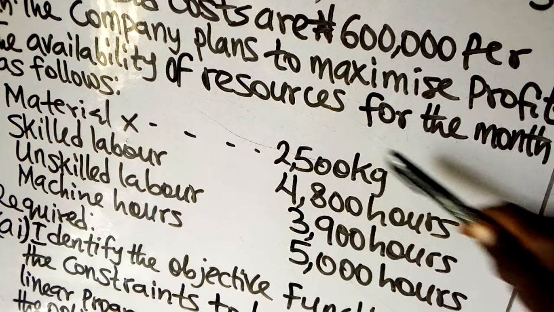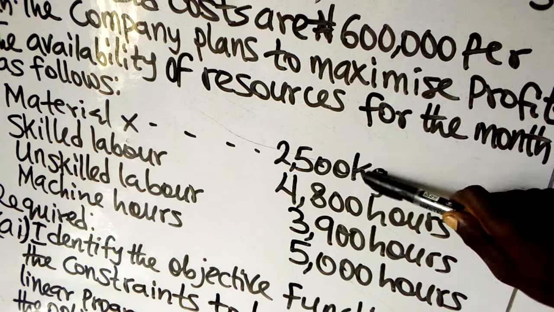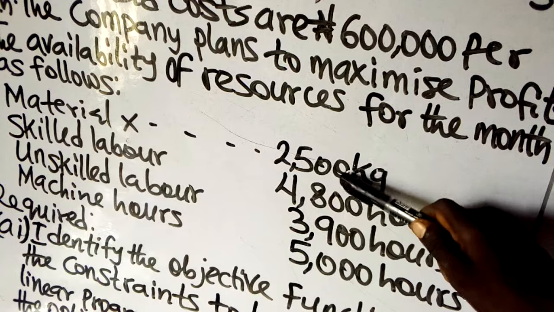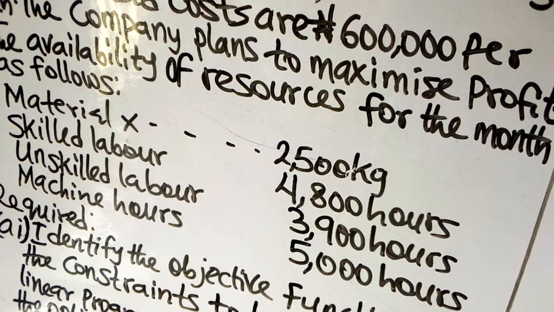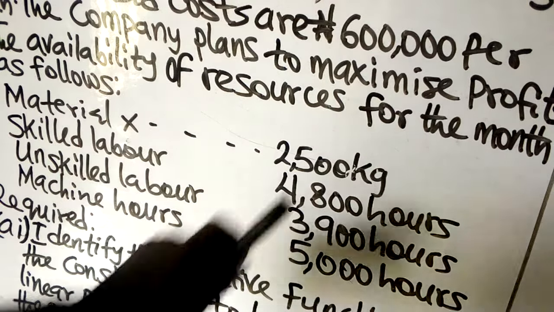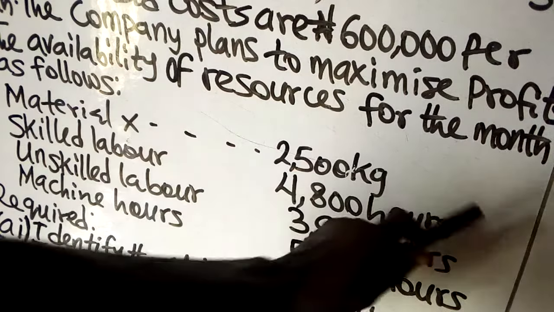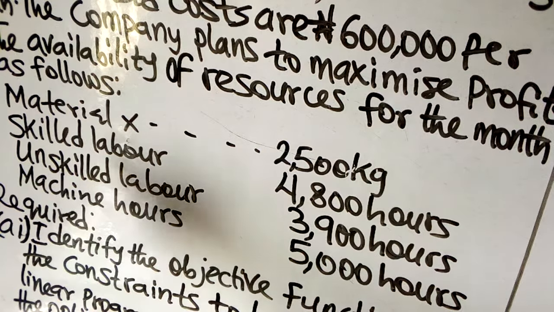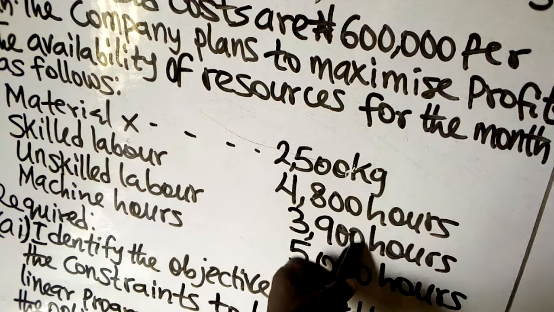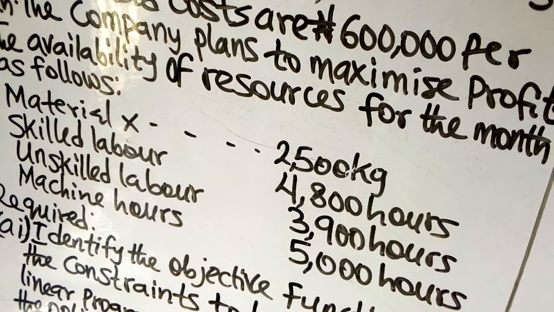If the entity is given the chance to get more materials, they will wish to get more than 2,500 kg. Then skilled labor is another limitation, with a maximum of 4,800 hours available. Unskilled labor is also a limitation, with a maximum of 3,900. Machine time is another limitation, with a maximum of 5,000 hours.